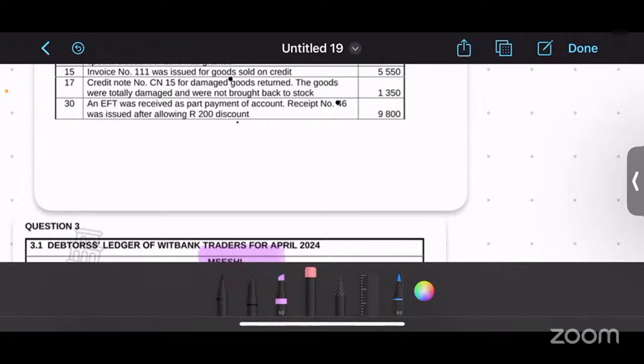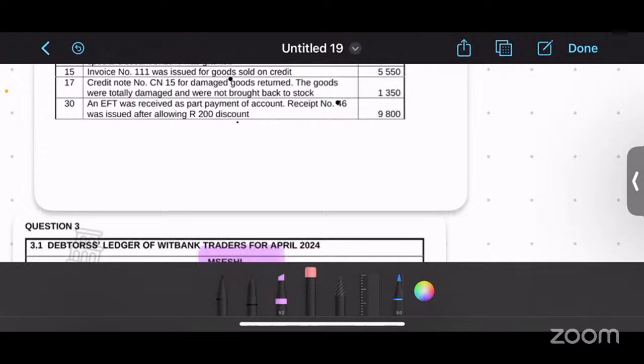So I think you subtract the 200 rand from the 9,800, and then you're gonna have 9,600. Yes, ma'am. So they paid 9,600 rand, okay.